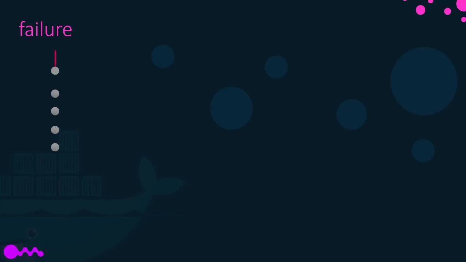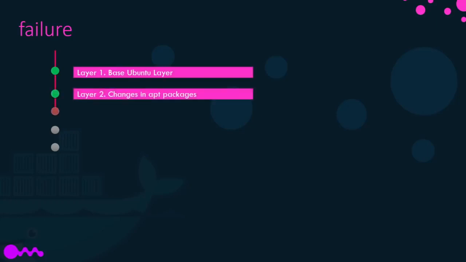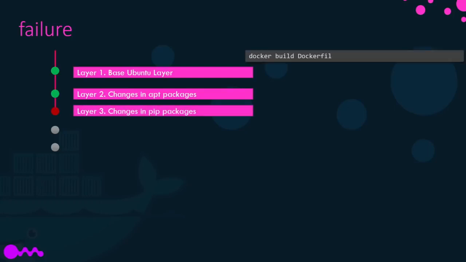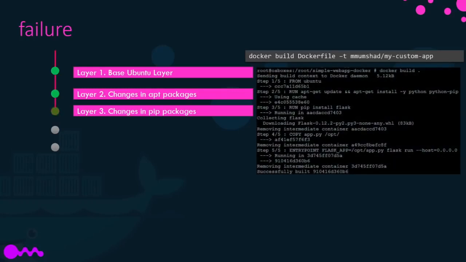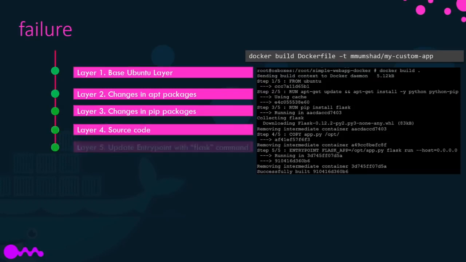All the layers built are cached by Docker. So in case a particular step was to fail, for example, in this case, step 3 failed, and you were to fix the issue and rerun docker build, it will reuse the previous layers from cache and continue to build the remaining layers. The same is true if you were to add additional steps in the Docker file.